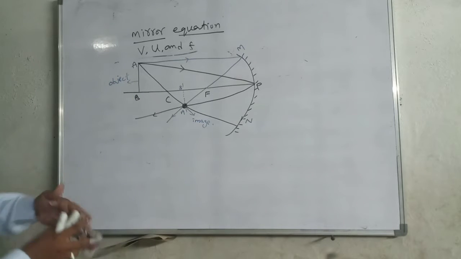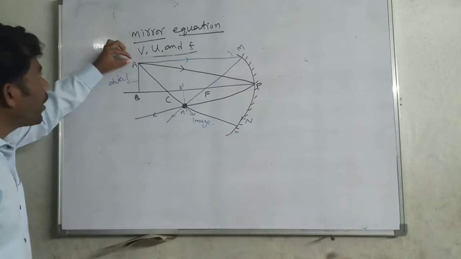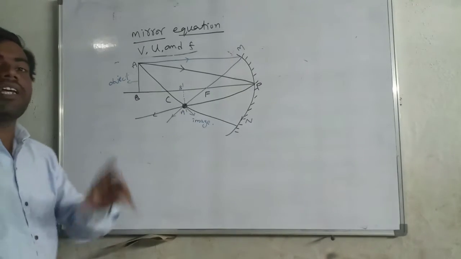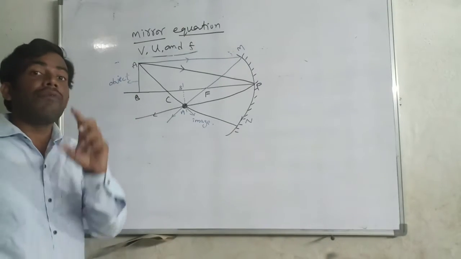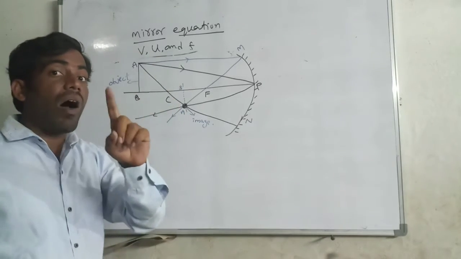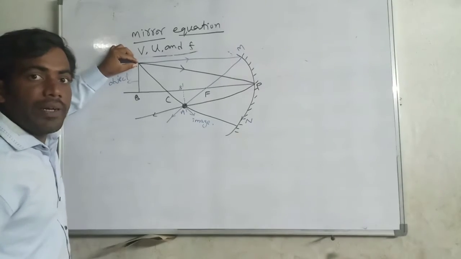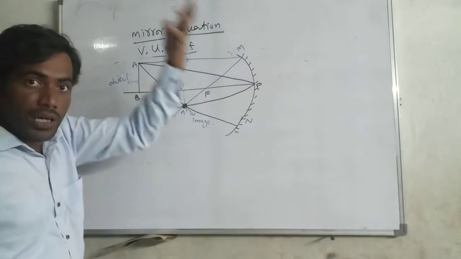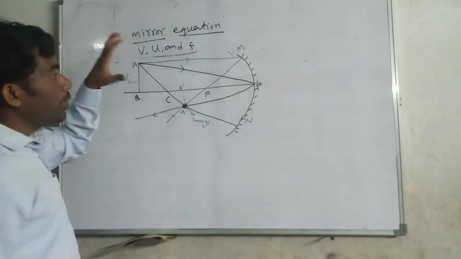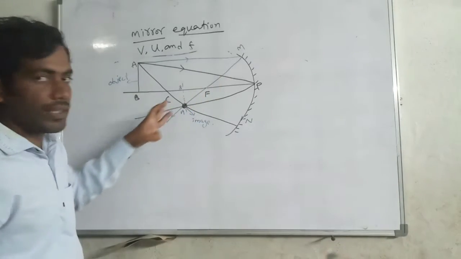In this figure you have only 3 rays, but every point emits infinite light rays in all directions. But in this figure you have taken only 3 rays.